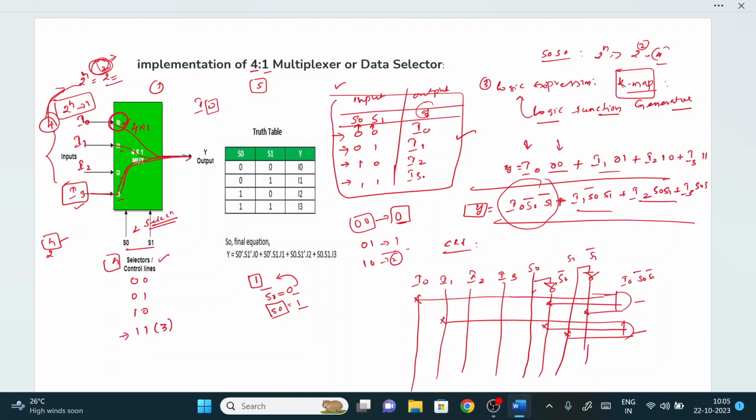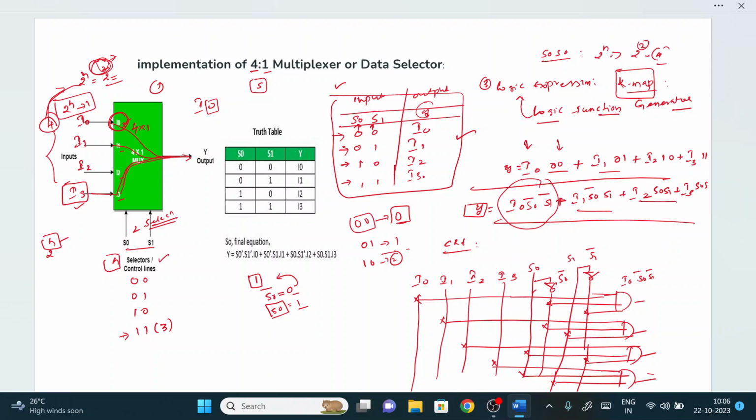Next is I2 into S naught, S1 bar. This is again one more AND gate. Finally, I3 into S naught into S1, which is again an AND logic gate.